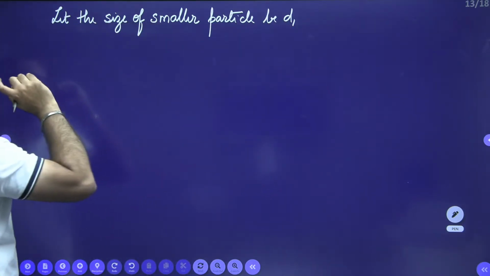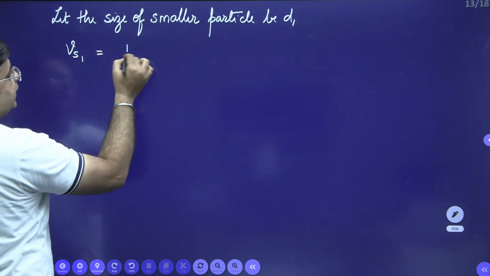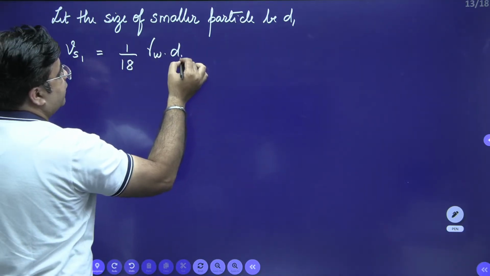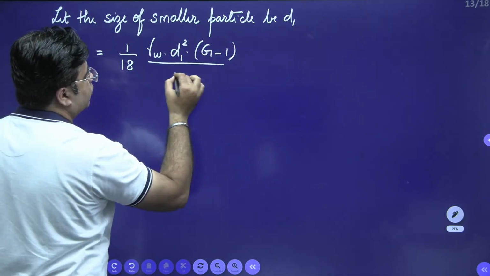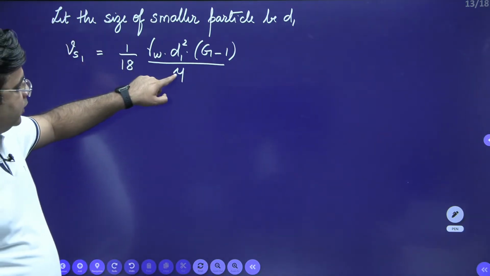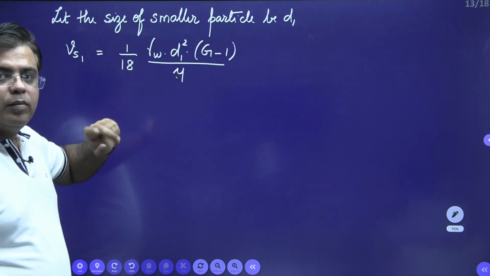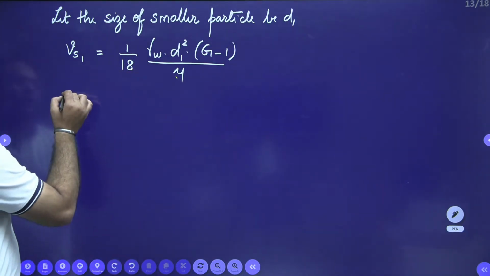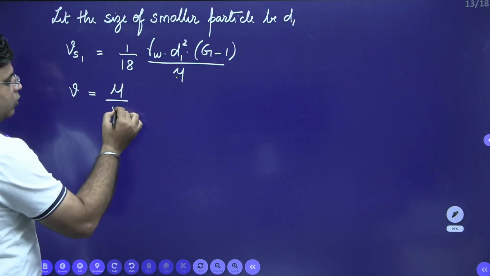So settling velocity Vs1 of the smaller particle is equal to 1 upon 18, gamma w, d1 square, into G minus 1, divided by mu. This is the settling velocity expression, right? Mu is the dynamic viscosity and gamma w is the unit weight of water. But in place of dynamic viscosity, we know the kinematic viscosity. So kinematic viscosity nu is equal to mu by rho w.